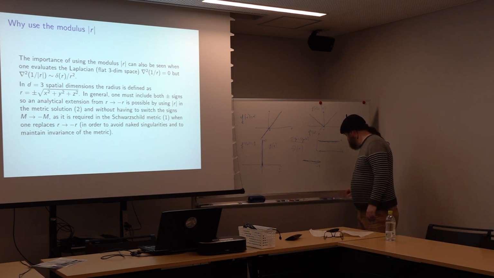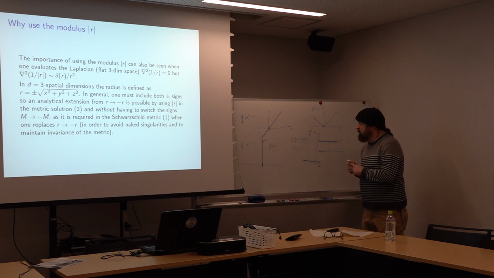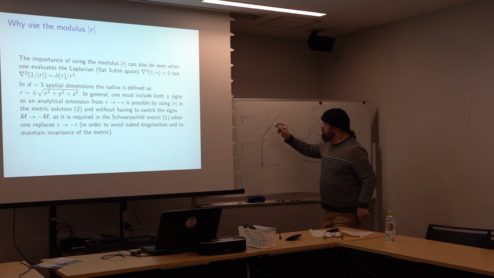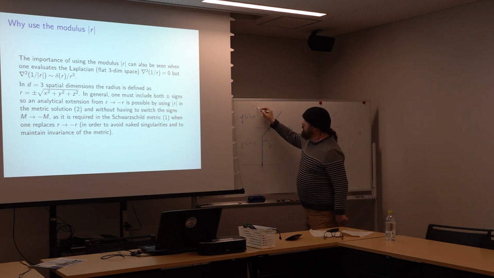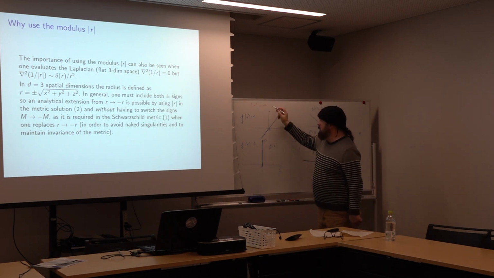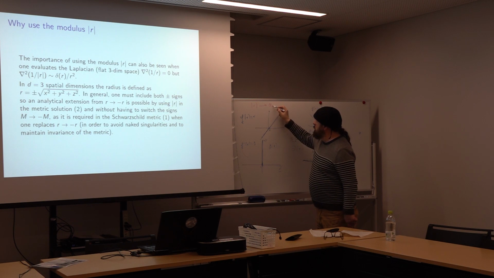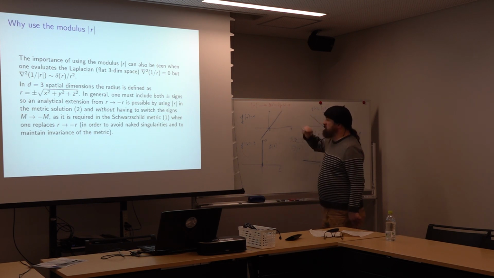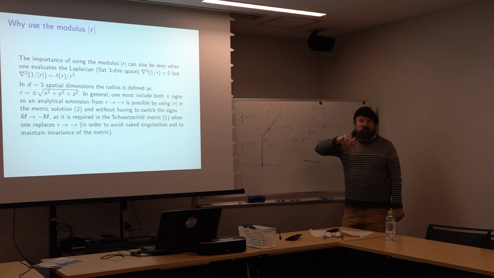This is very, very important. To summarize, I have a function r. When I take the first derivative, I get the step function, or the sign function, and when I take another derivative, I have a delta function. Is this clear?